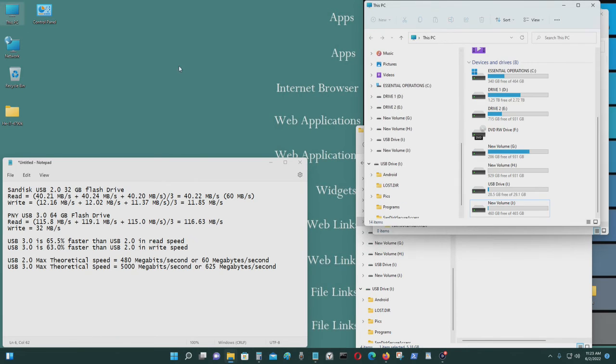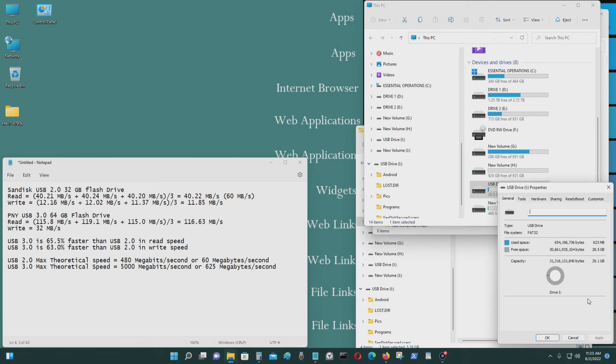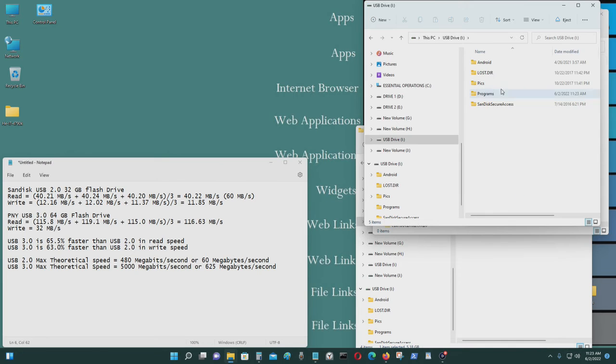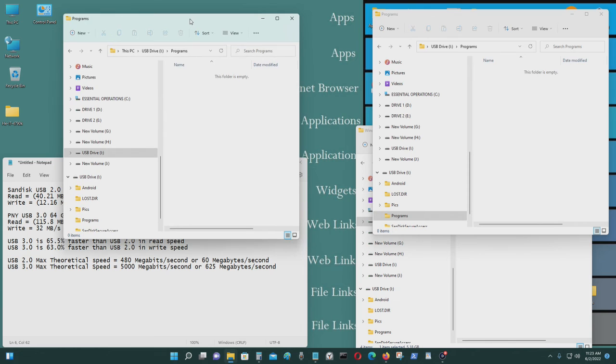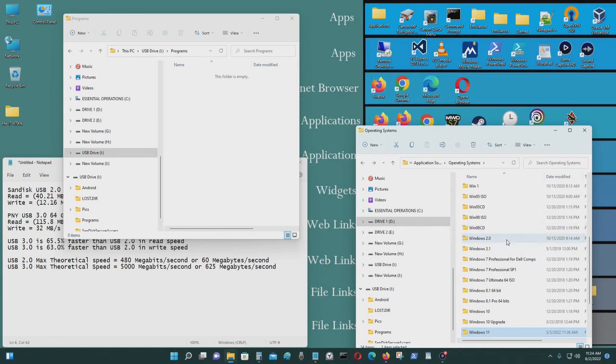Let's see what the format of this drive is. It's FAT32, so I'm not going to be able to transfer a 4 gigabyte file on there. So let me look for another file which I could transfer.